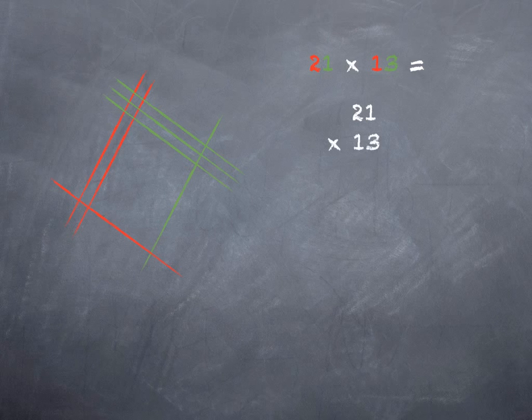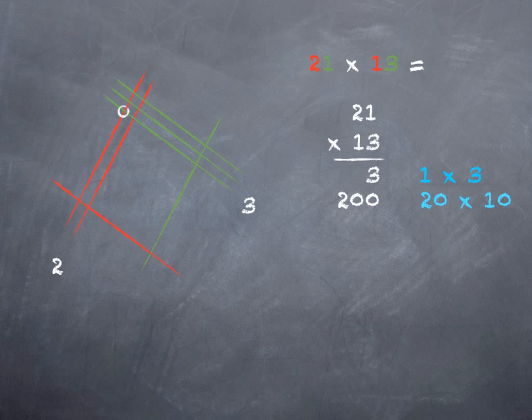Well, let's see how this stacks up against our normal multiplication. If I start off on the right with 1 intersecting 1, there are 3 of those intersections, which corresponds to 1 times 3, and I leave it in the ones place. On the left, if I count those 2 intersections, that's really 2 tens and 1 ten. So that 2 is not really a 2, it's a 200. 20 times 10.